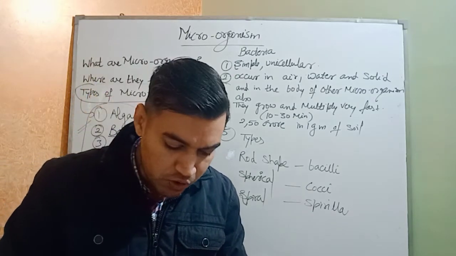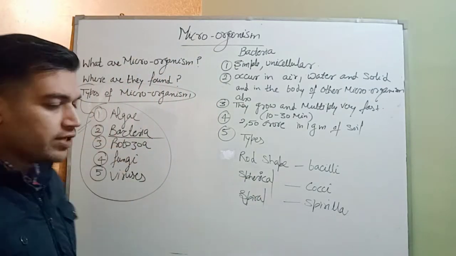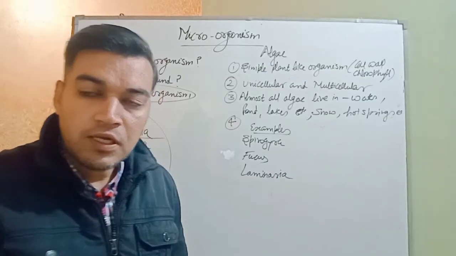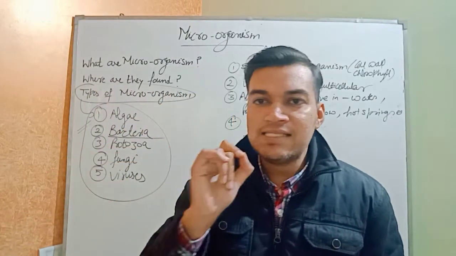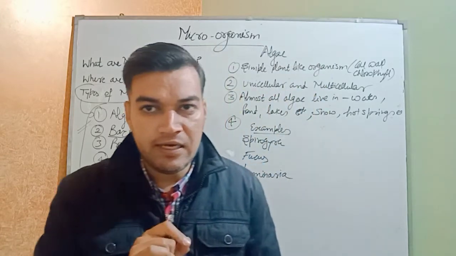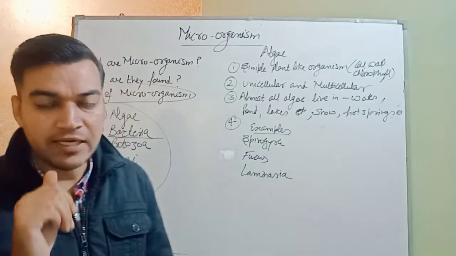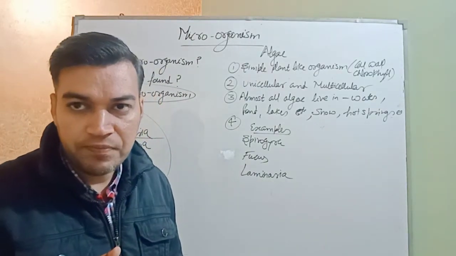Okay, so we're going to discuss our next microorganism, and the next microorganism is algae. Algae is again a simple organism like bacteria. Their body is not complex like us, but they have plant-like features in their body.